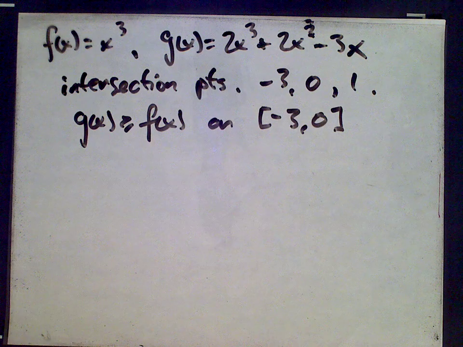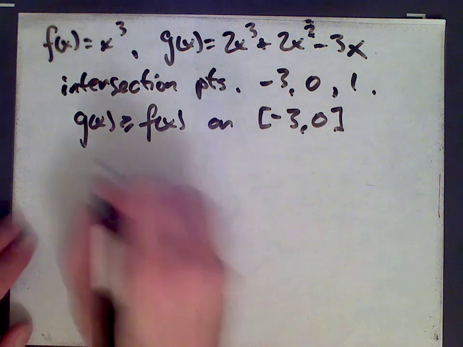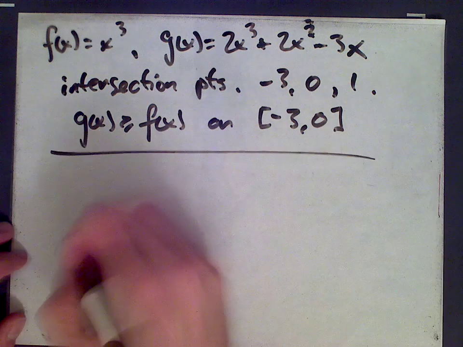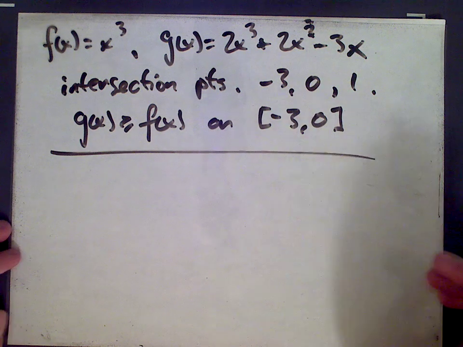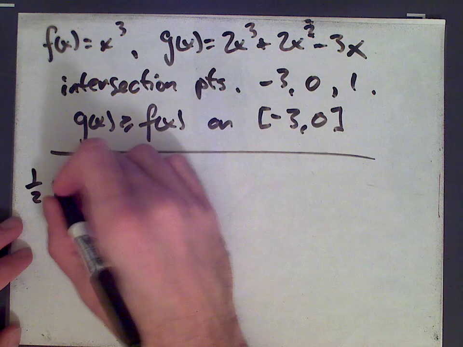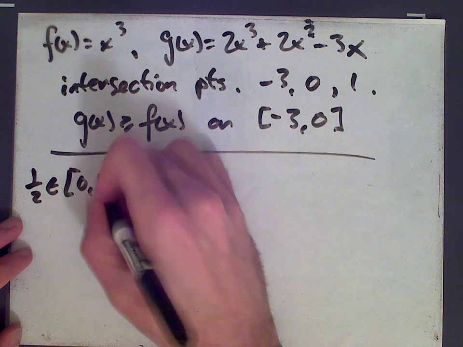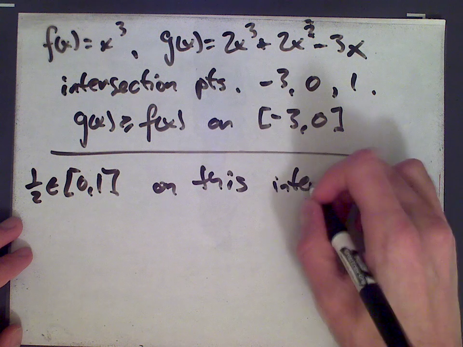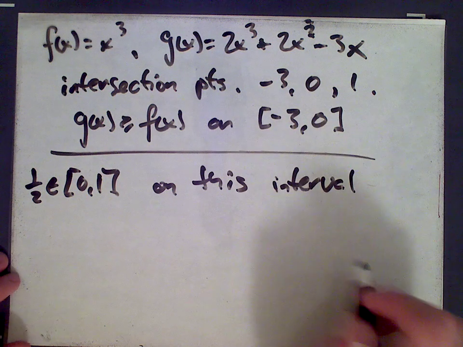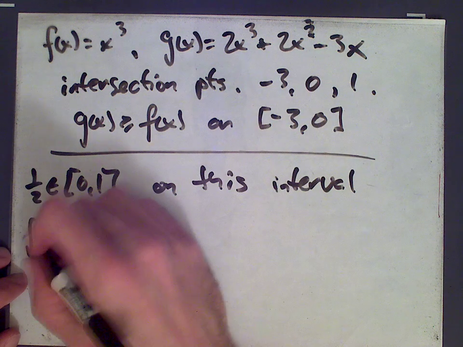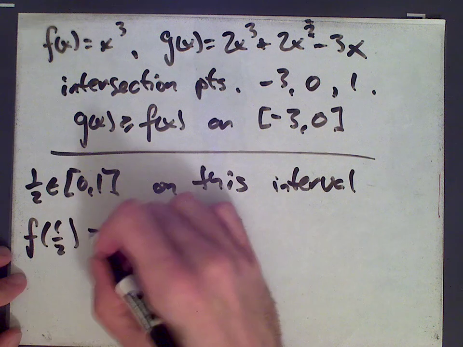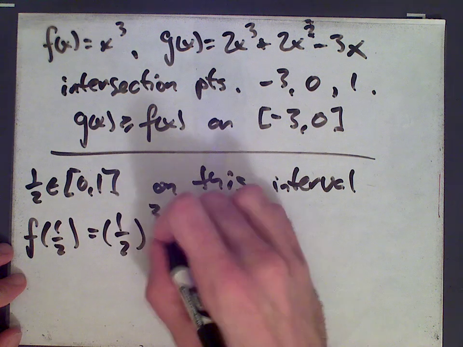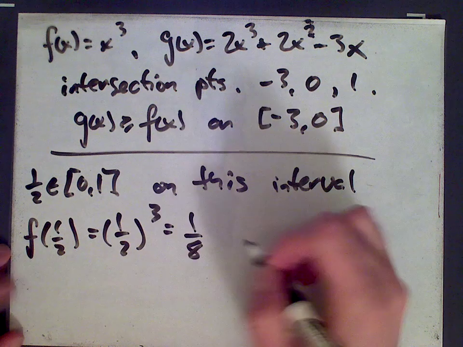Next we want to test the interval from 0 to 1, so we chose a half, if you remember, as the test point. On this interval we're going to see which function is bigger. We take f of 1/2, which is 1/2 cubed, which is 1 over 8.